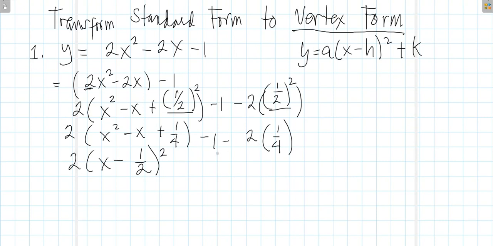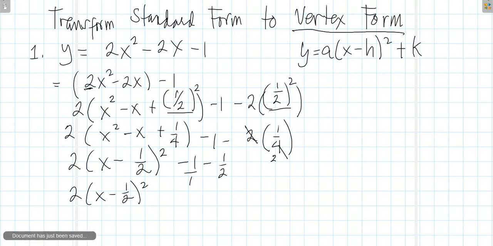Then simplify. This is now equal to 2, negative 1 minus 1/2, cross multiply. So we have here 2 times x minus 1/2 squared. Then simplify the constant. Negative 1 times 2 is negative 2, minus 1 over 2.